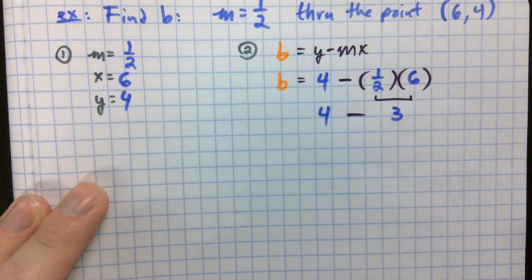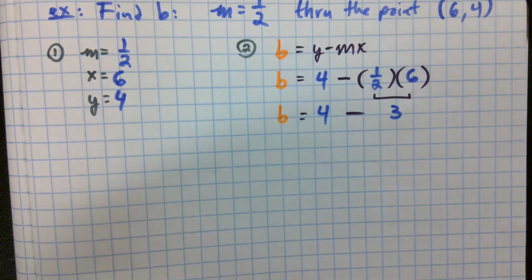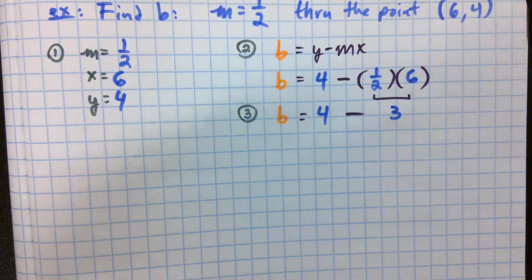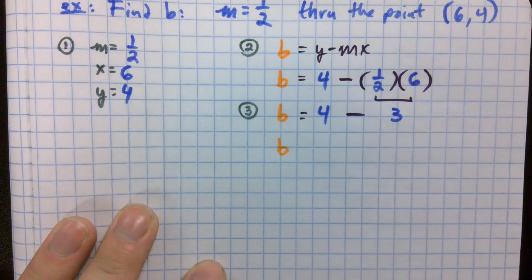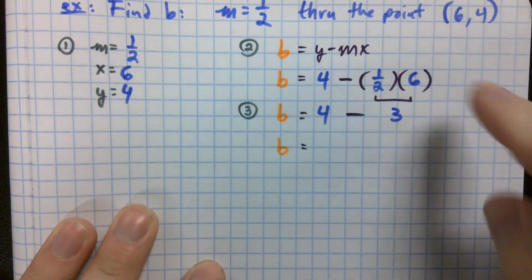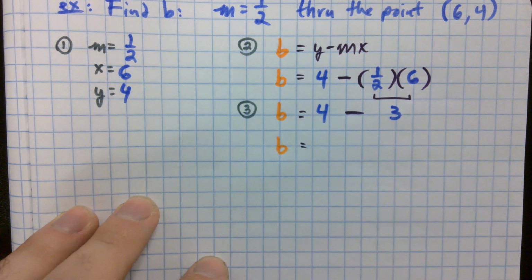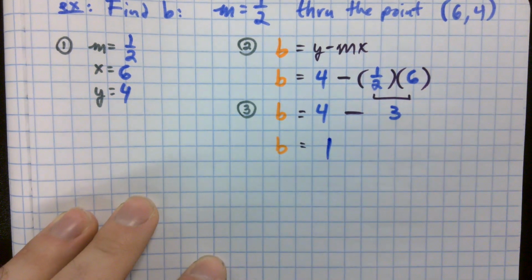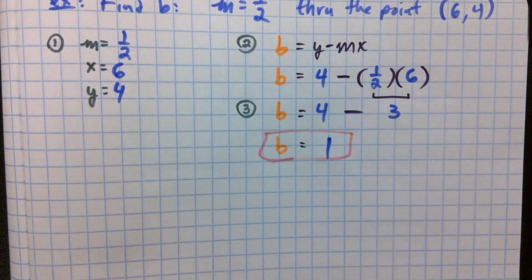Bring down the 4 minus equals b. This is step 3 we're doing now. Multiply first, subtract second. What is 4 minus 3? 1. Boom. That's our value for b right there.